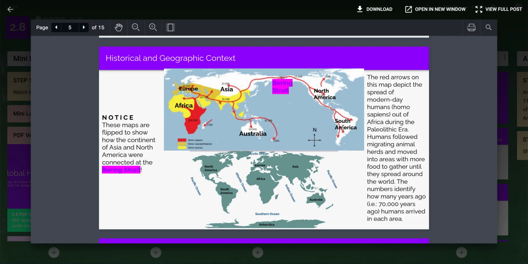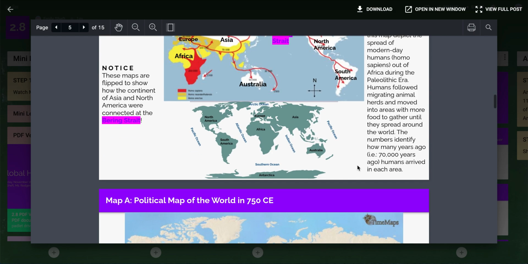And the second reason is that Spanish ships, and other Europeans, started arriving in the Americas between the 1400s and the 1500s. It's later in the 1400s when Europeans started arriving.